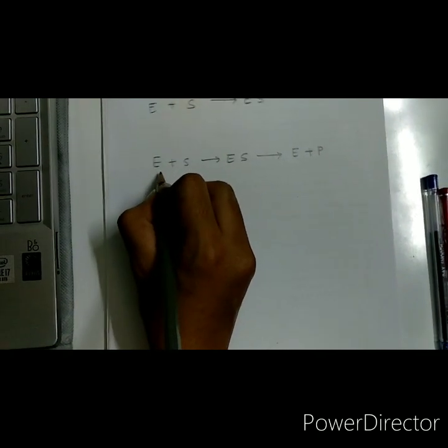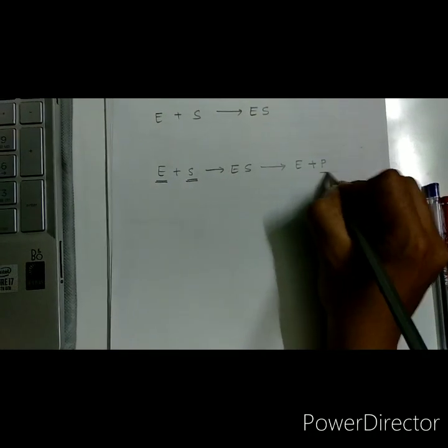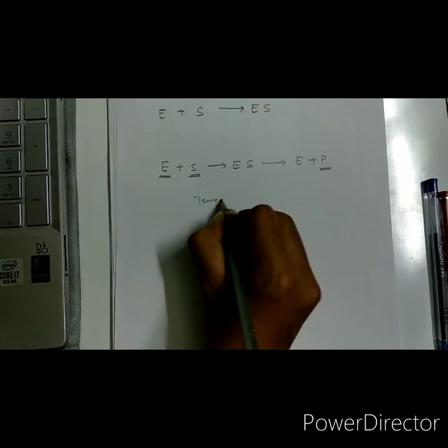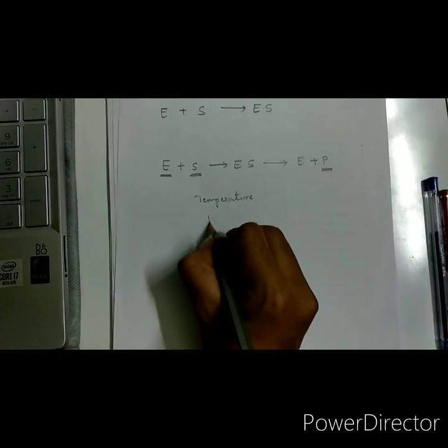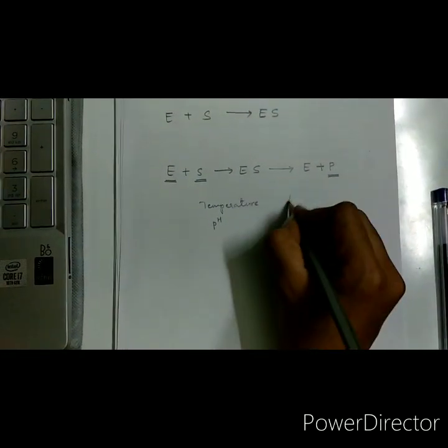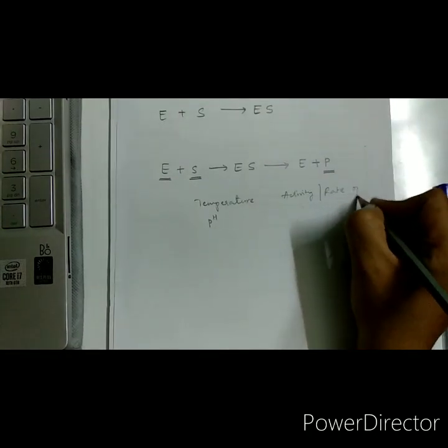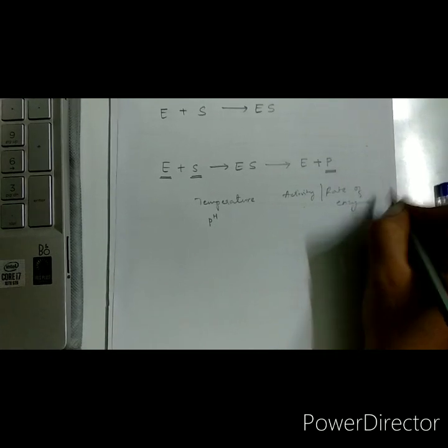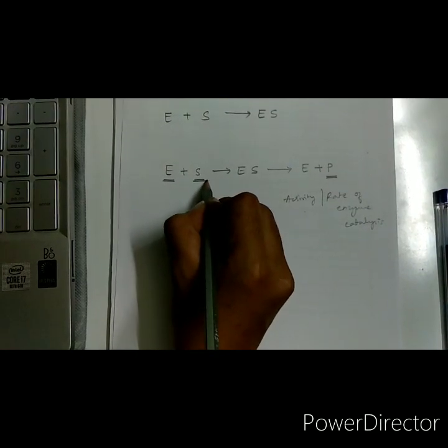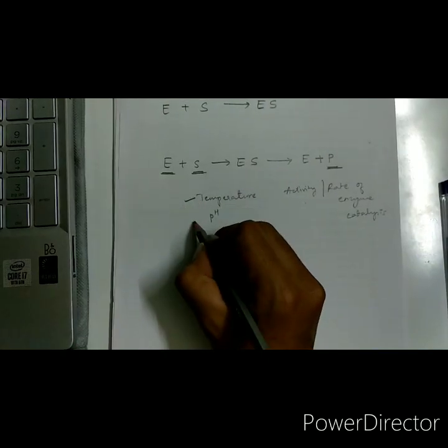So the important factors are concentration of enzyme, concentration of substrate, and concentration of product. Other factors that come into account are temperature and pH. So overall the rate of the reaction, or rate of enzyme catalysis, is dependent on concentration of substrate, concentration of enzyme, concentration of product, temperature and pH.